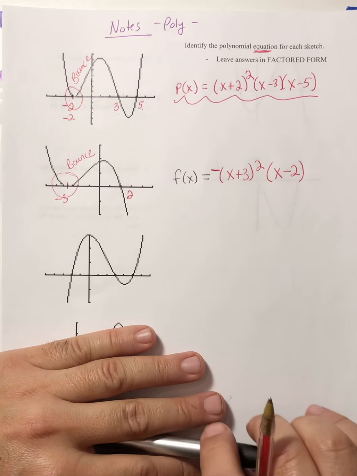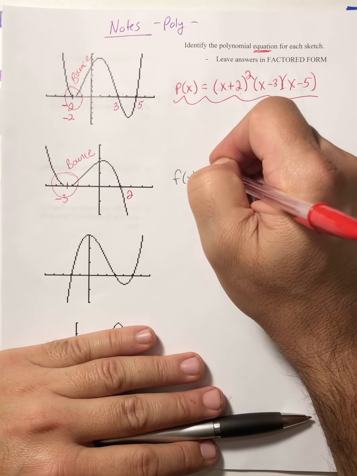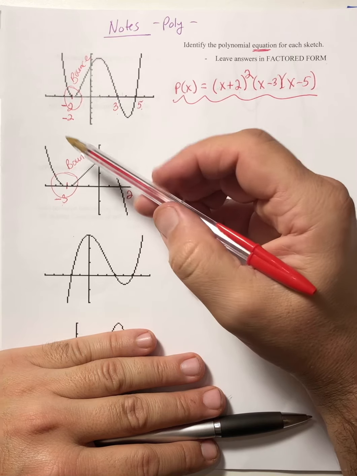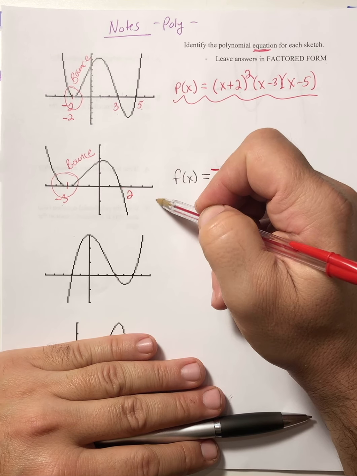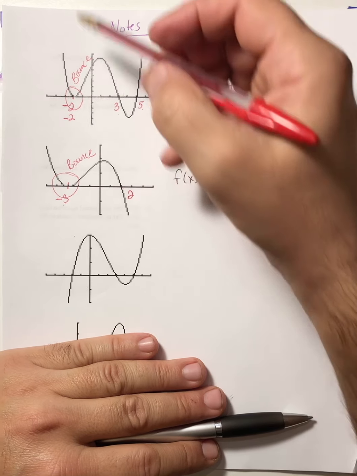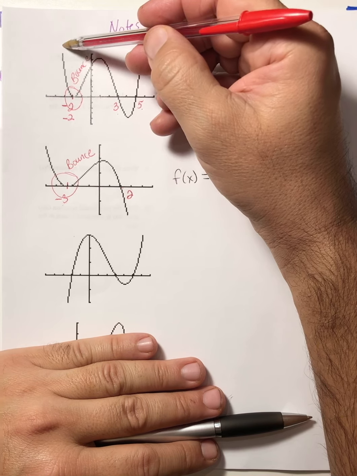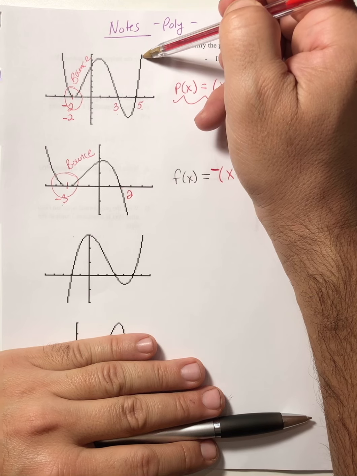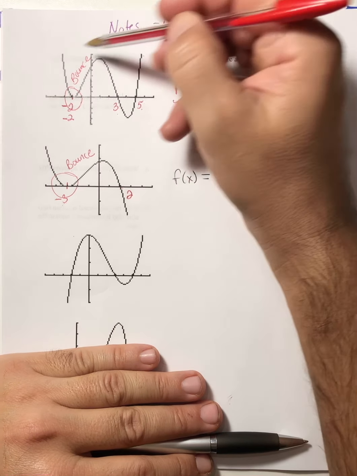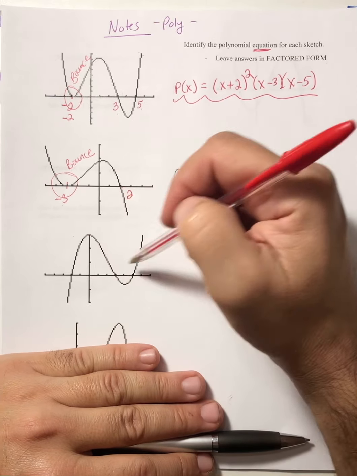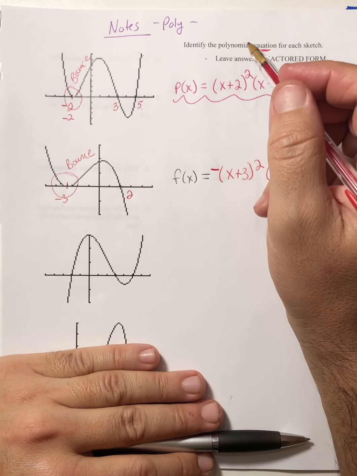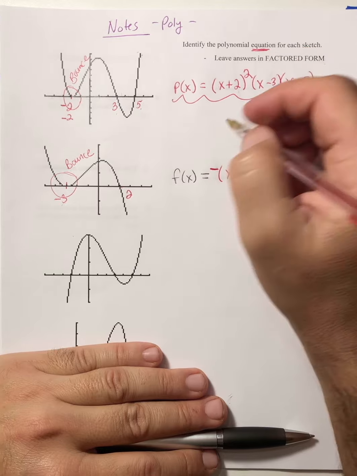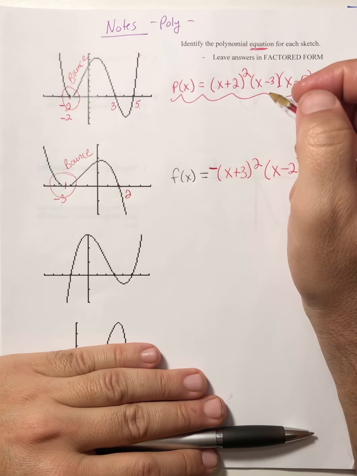So remember, all of our third degrees start low, do their squiggles, and finish high. All fourth degrees start high, do their squiggles, finish high. So high to high, fourth degrees; third degrees, low to high. This one's upside down. Okay, so this is why it's negative in front.